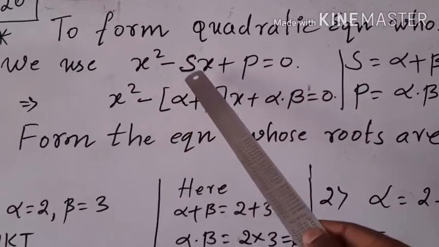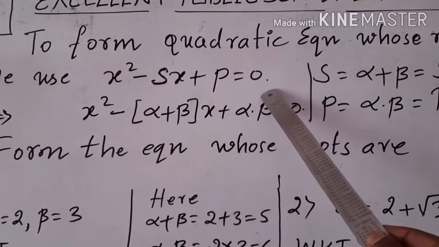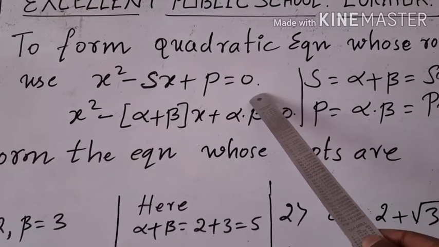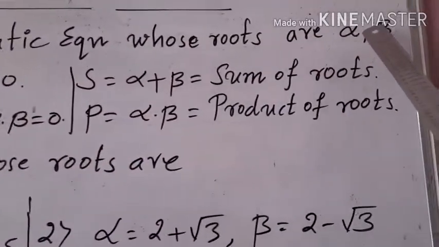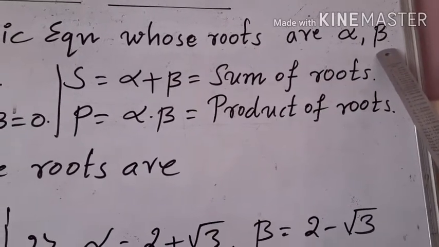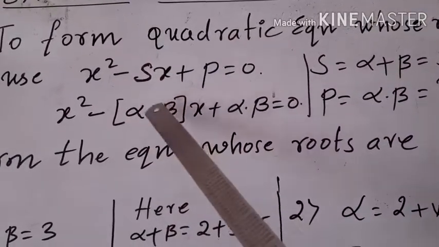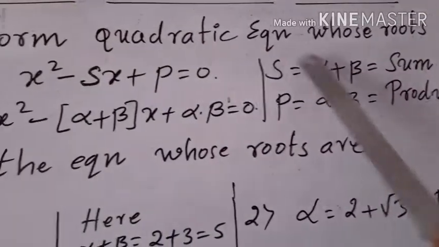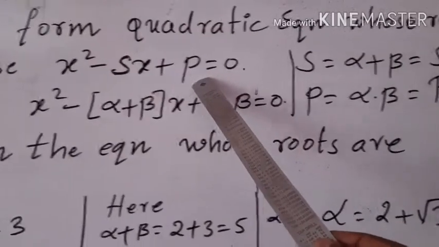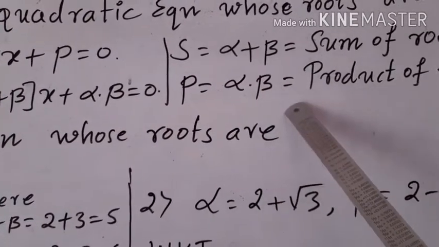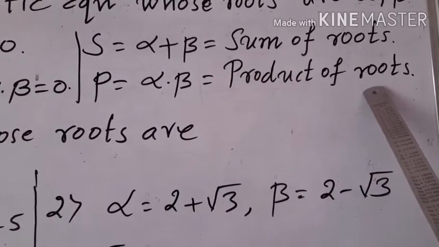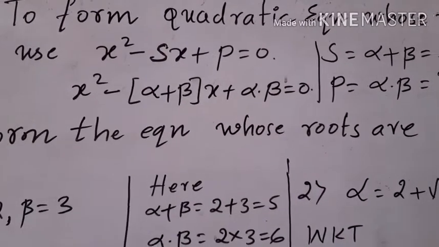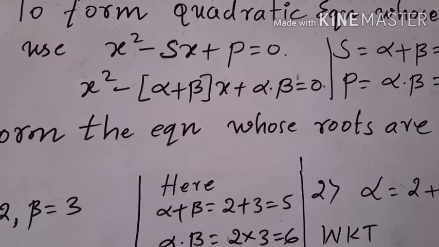Therefore, x square minus sx plus p is equal to 0 is the formula which helps us to get the quadratic equation if its two roots alpha and beta are given. Here s means sum of roots, that is alpha plus beta, and p means product of roots, so p is equal to alpha into beta. By using this formula, we can find out the quadratic equation if its roots are given.